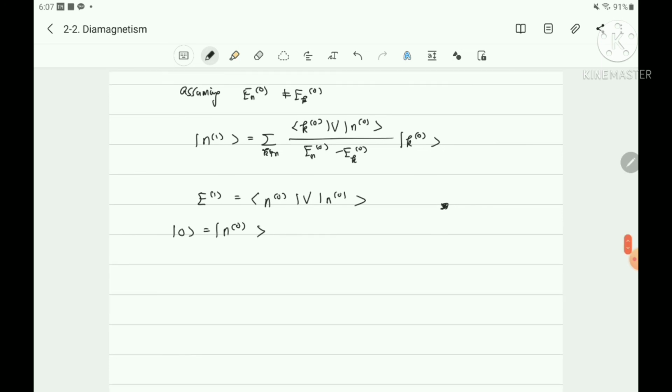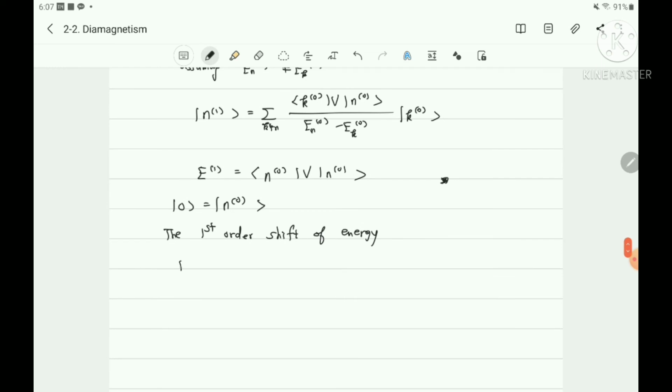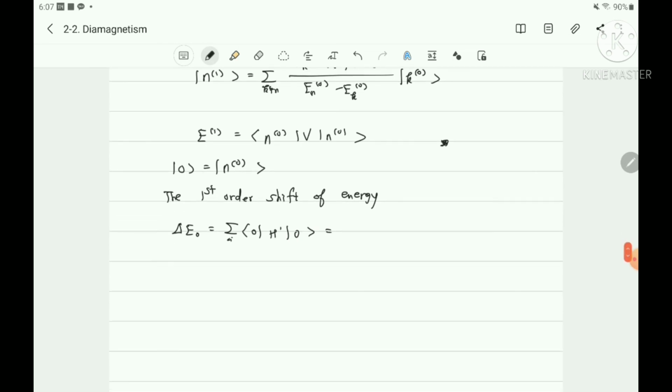The energy difference, the first order shift of energy, we write down as delta E0, the summation for i of 0 H prime 0, where H prime means the diamagnetic Hamiltonian, e square B square over 8m, summation for i equal to 1 to g, ground state, xi square plus yi square, 0.